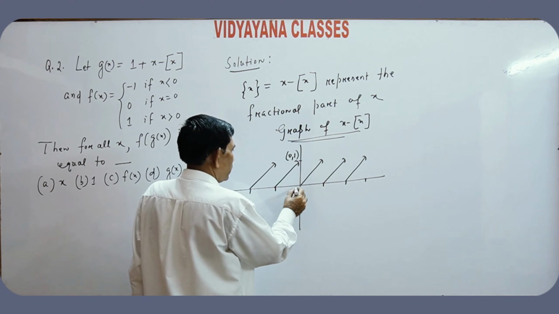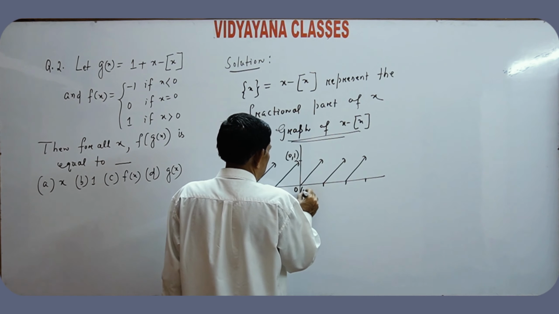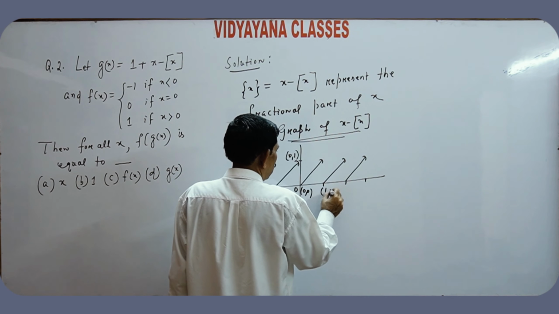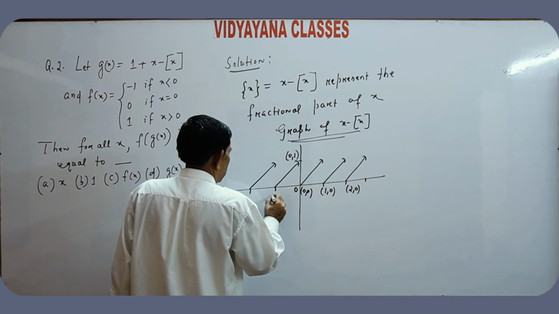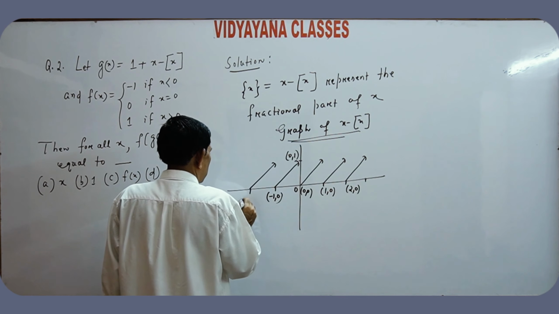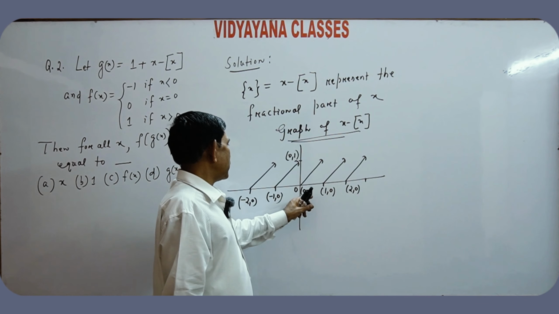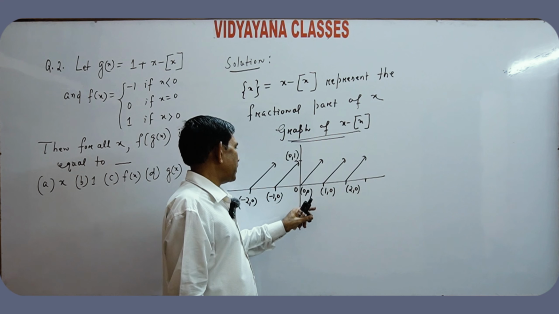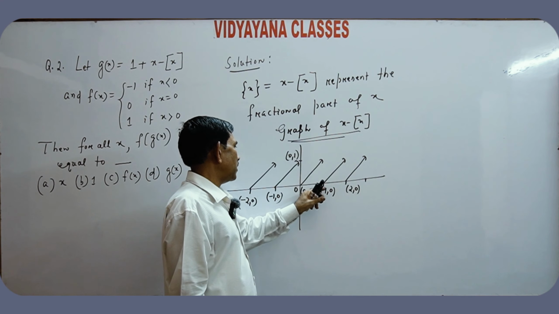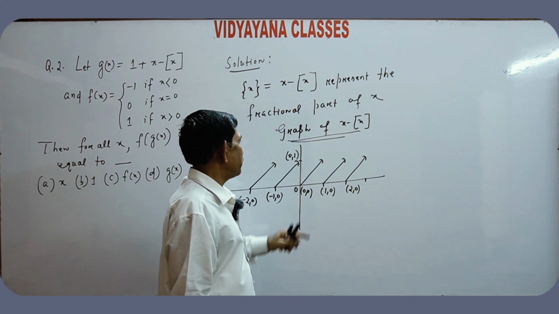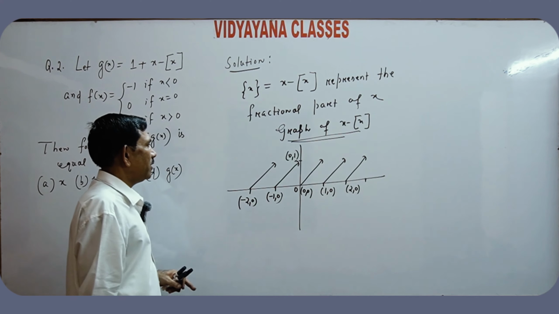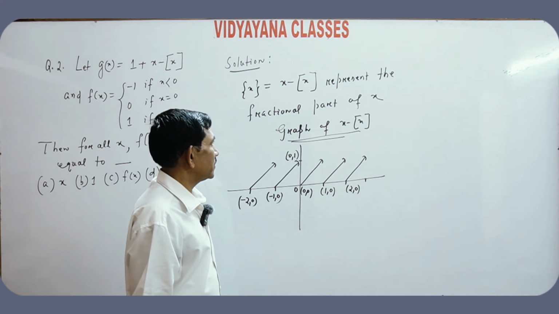In this interval, the points are (0,0), (1,0), (2,0), (minus 1,0) and (minus 2,0). When x lies between 0 and 1, that means x is greater than or equal to 0 and less than 1, the maximum value is less than 1 and the minimum value is 0.